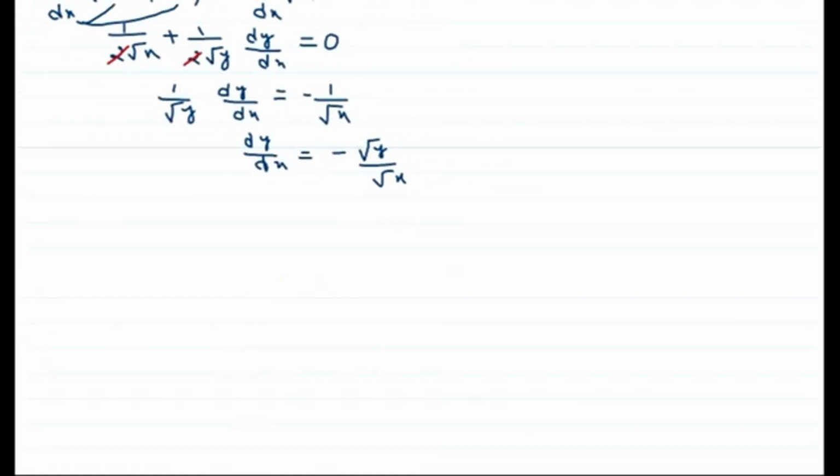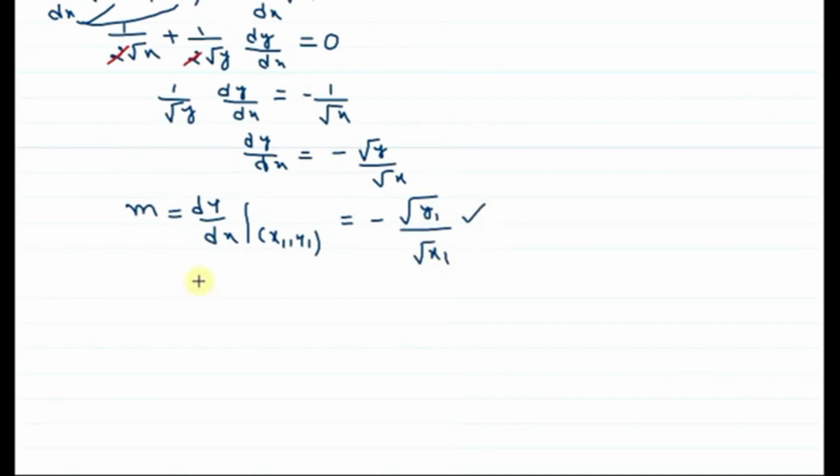Now you know the value of m. m is equal to dy by dx at (x1, y1), so this is minus root y1 by root x1.